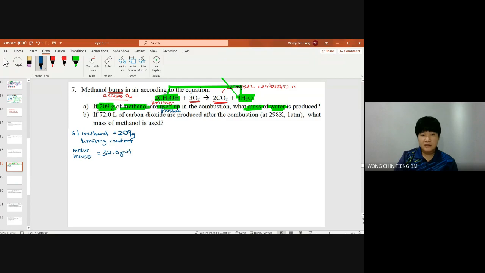So daripada 32 gram per mole, you can either use mole ratio. Siapa yang guna mole ratio, saya terima je. Siapa yang bahagi terus pun saya terima in this case. So 32 gram. Over here, I have 209 gram. Therefore, how many mole? Okay, of your methanol. My question over here, mole yang kita kira kat sini, Nabil, mole given or mole needed?